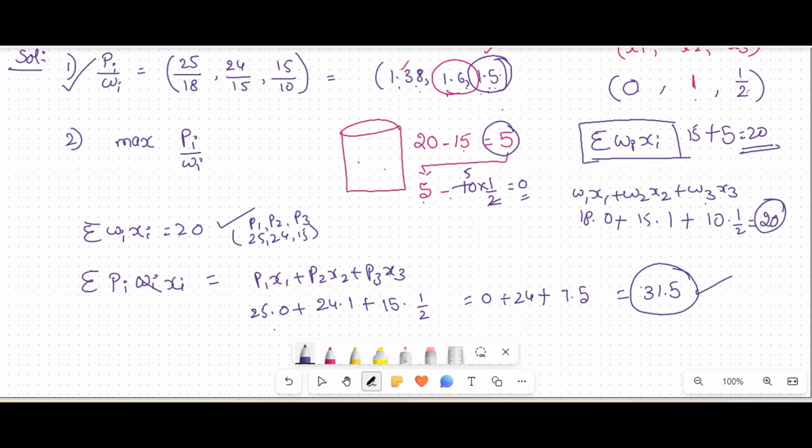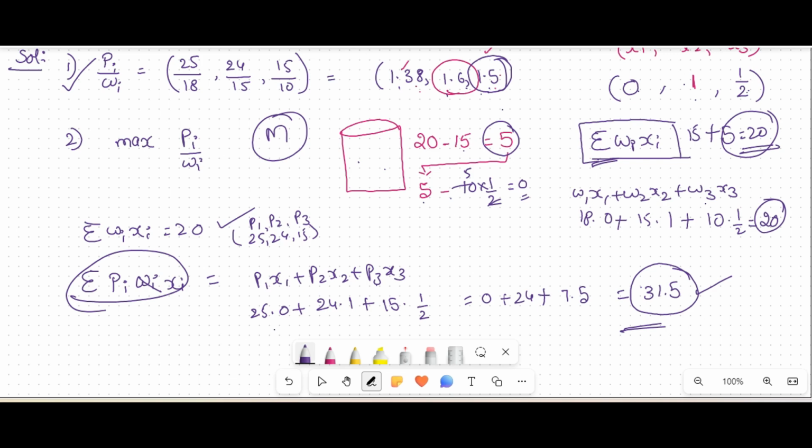Like that you repeat the process, which should satisfy the constraint. Here the total capacity is m. So after finding x1, x2, x3, we have to find out sigma wi xi, whether it is satisfying or not. After that, find out the total profit. Yes, you got 31.5. That's it, students.